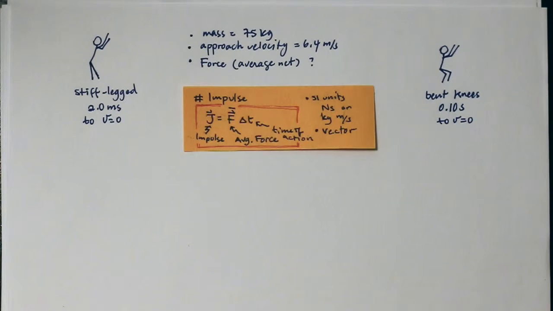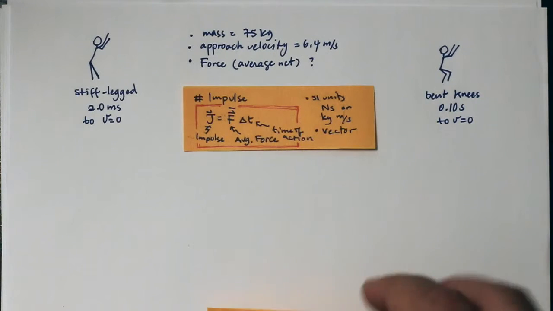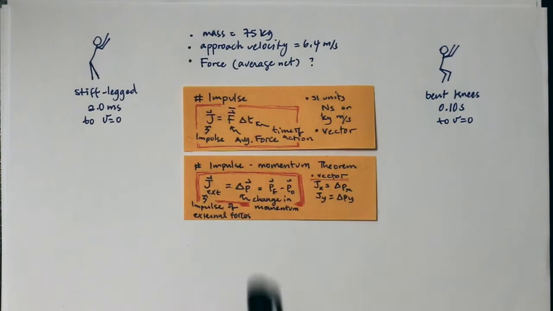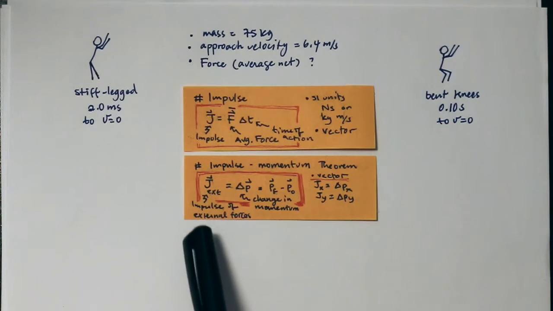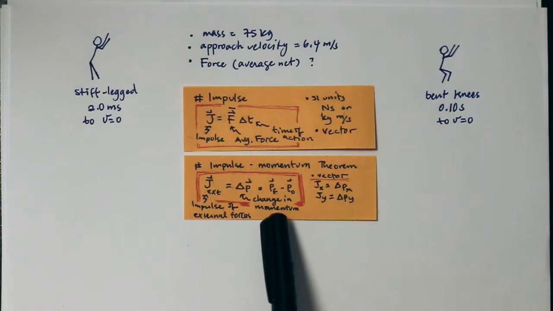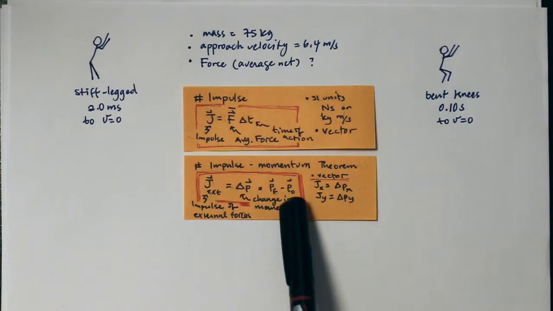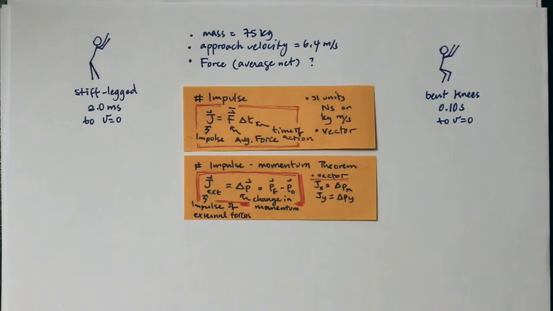But I also know that by the impulse-momentum theorem, the impulse of external forces is equal to the change in momentum, which is the final momentum minus the initial momentum.